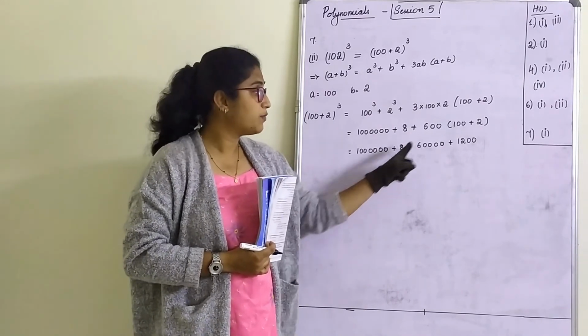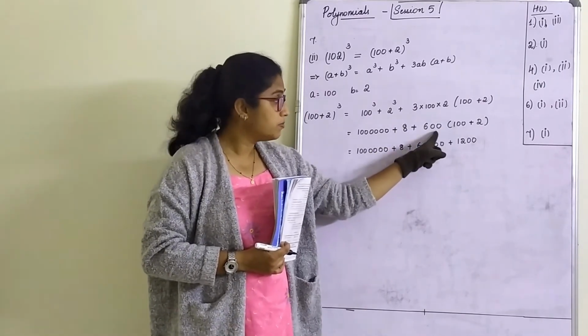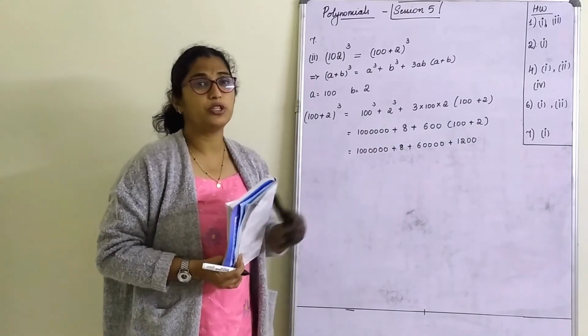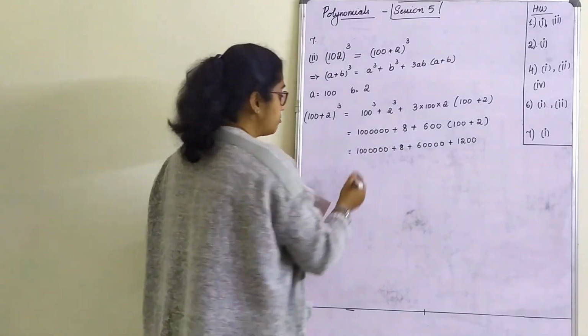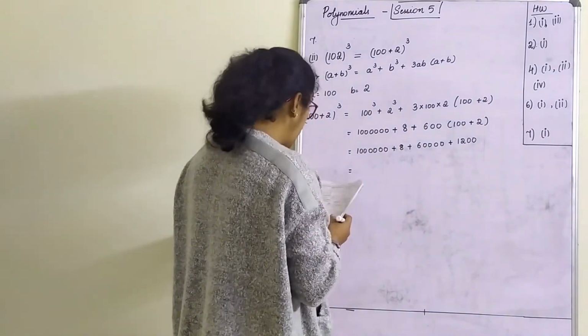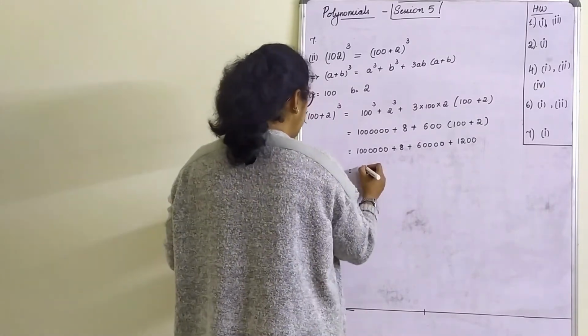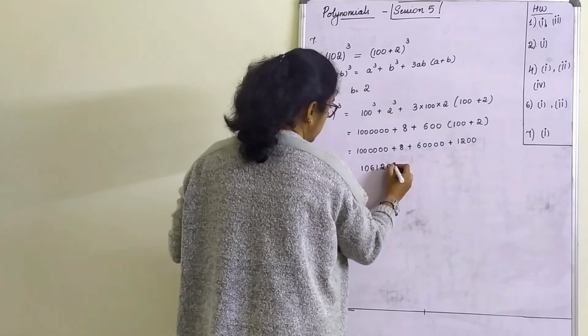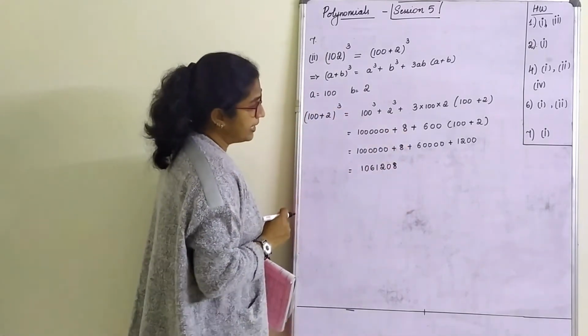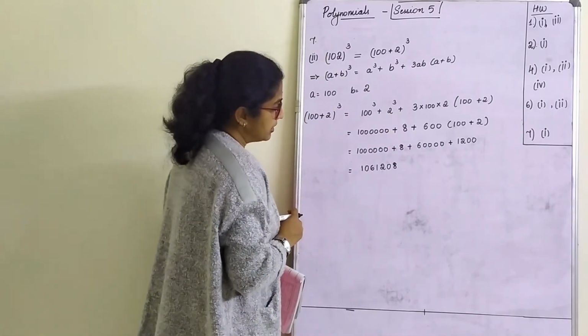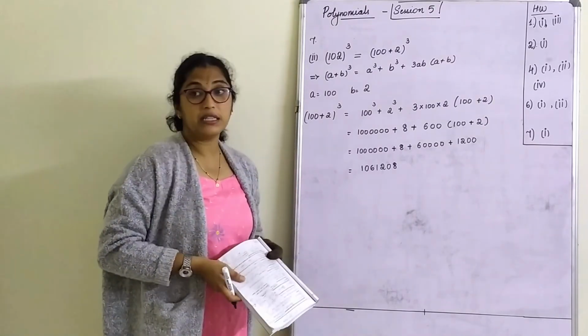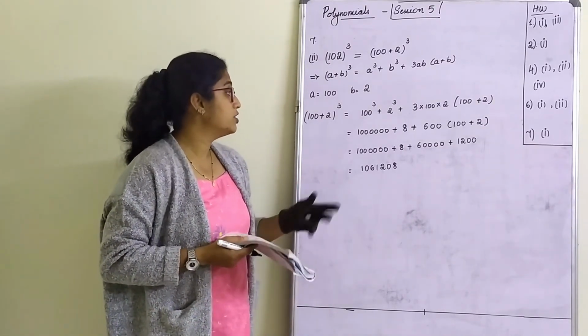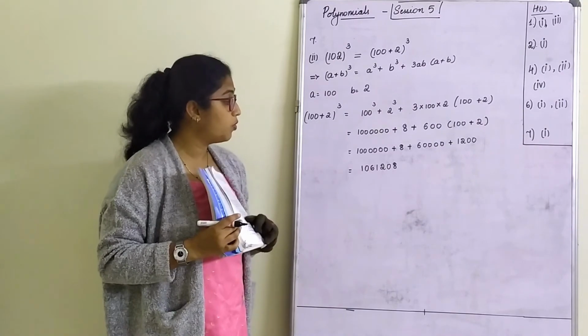So instead of that, we'll use monomial by binomial, the distributive property of multiplication. Quite a big number to add. So when you add this, you get 1,061,208. Right? Please check with the addition. Yes. So this will be the answer when you add this. So this is (100 plus 2) whole cube.